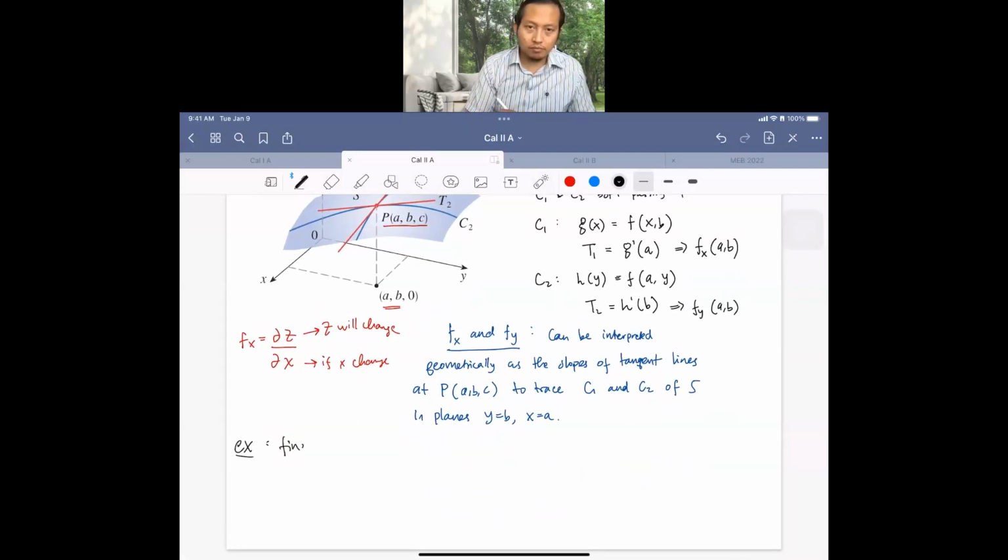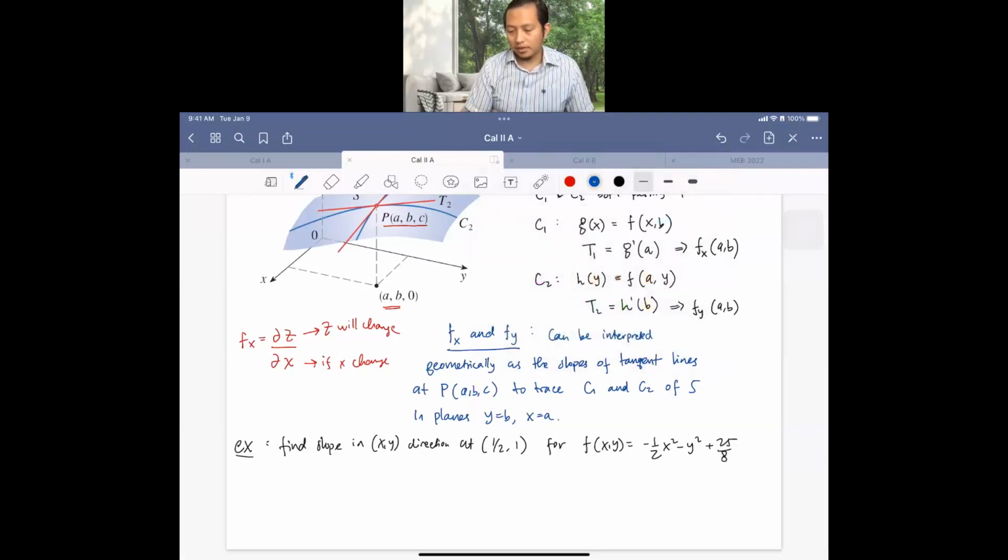Find the slope in the xy direction at the point half, 1 for this function. I think this is a simple function, not too difficult to be derived.